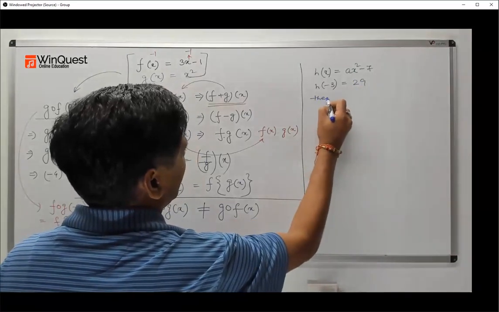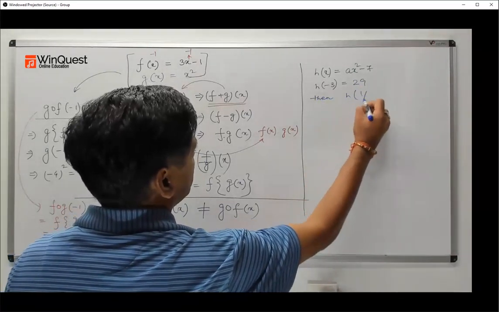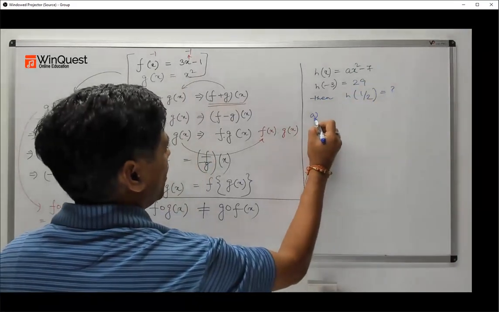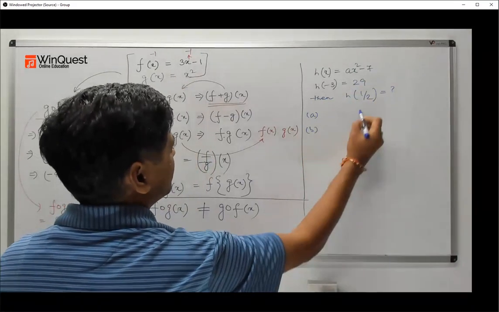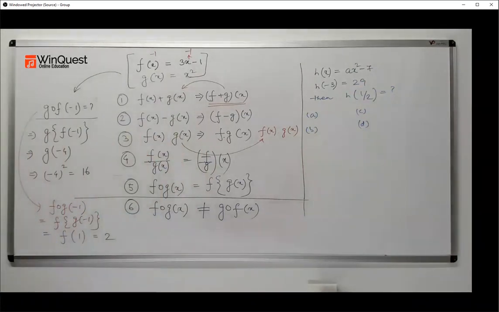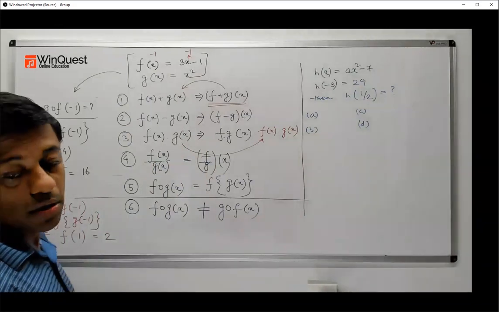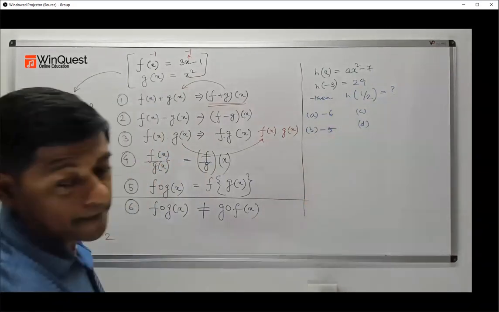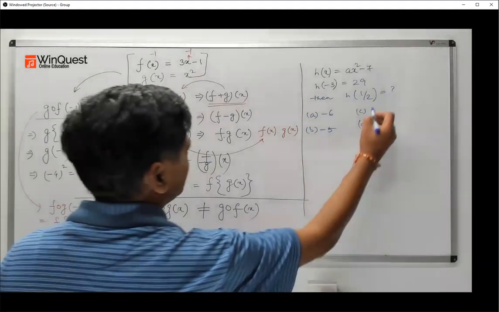Then h of half equals what? Options given: minus 6, minus 5, 4 and 8.